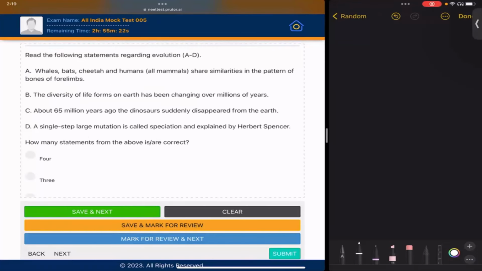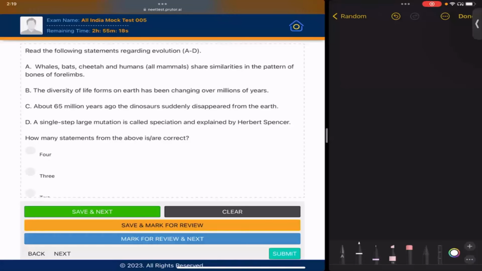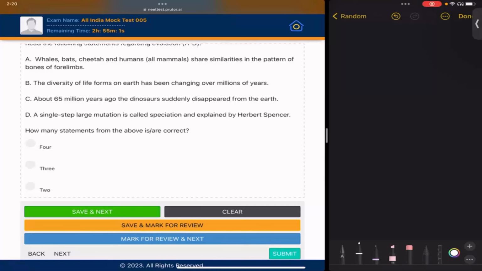In this we have to find how many are correct. Okay, so whales, bats, cheetah, and humans share similarities in patterns of bones of forelimbs. Right, the first is correct. The diversity of life forms on Earth has been changing over millions of years. Right, millions or billions maybe, but we'll go with millions. About 65 million years ago, dinosaurs suddenly disappeared.